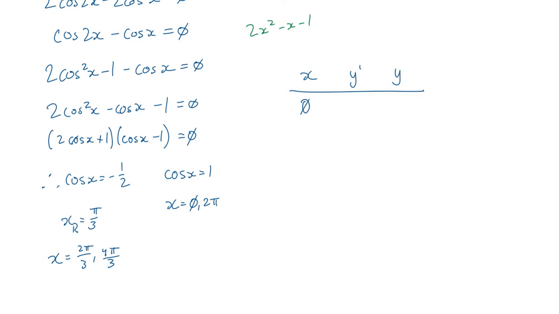At any rate, 0 less than x less than, what is our next one? 2 pi by 3, and then 2 pi by 3 less than x less than 4 pi by 3, and 4 pi by 3 less than x less than 2 pi, and 2 pi.